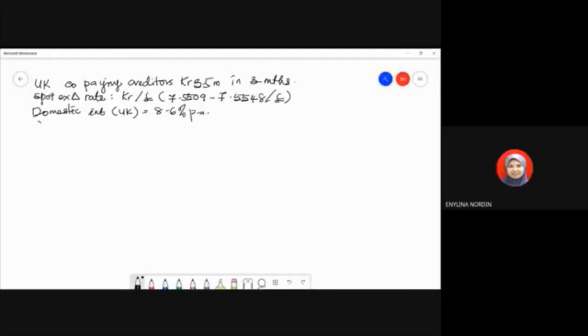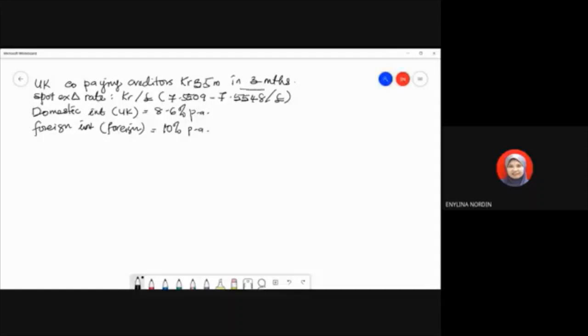And for the foreign interest rate, for the foreign country, which is Denmark here, it equals 10% per annum. So this is per annum.